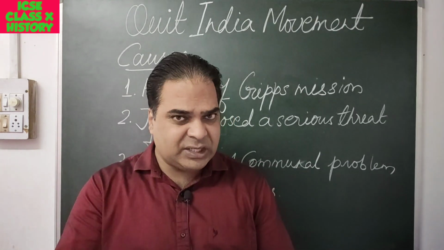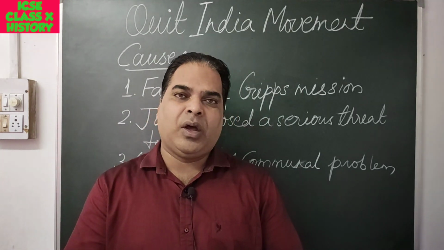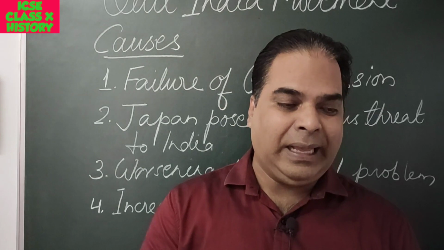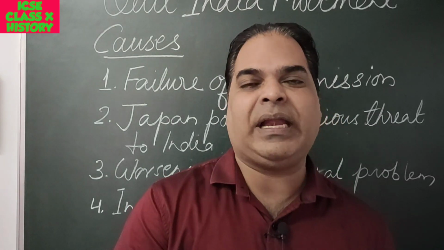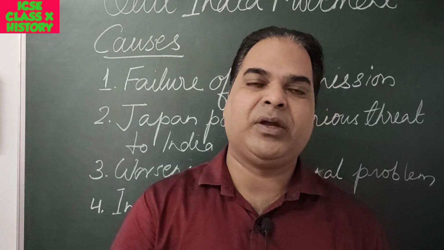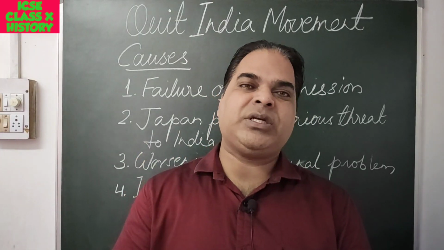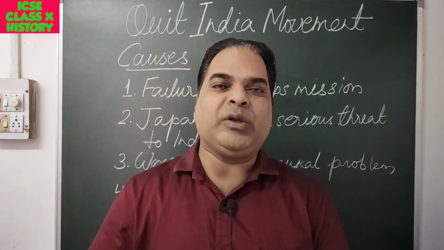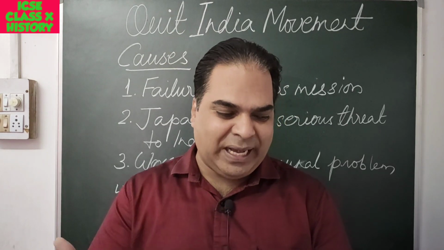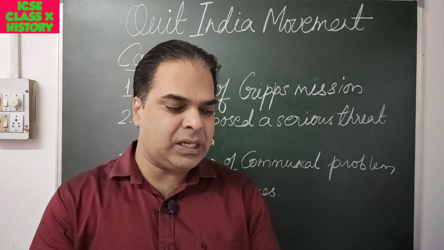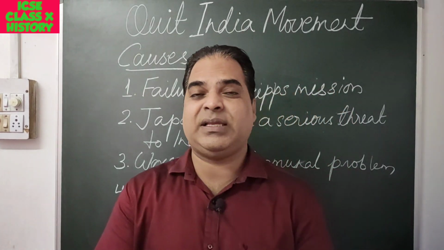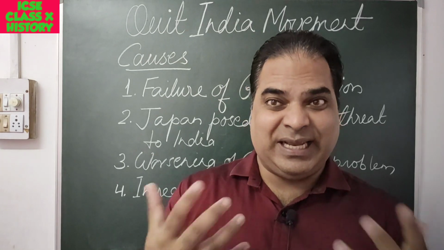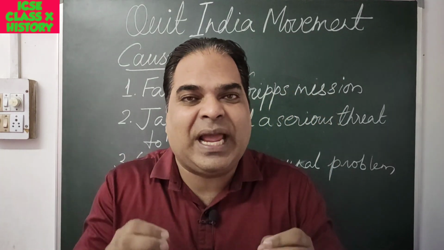This resolution was later ratified by the All India Congress Committee in Bombay on 8th August 1942. The resolution demanded the immediate withdrawal of the British from India and the setting up of a provisional government. It stated that British rule in India must end immediately.